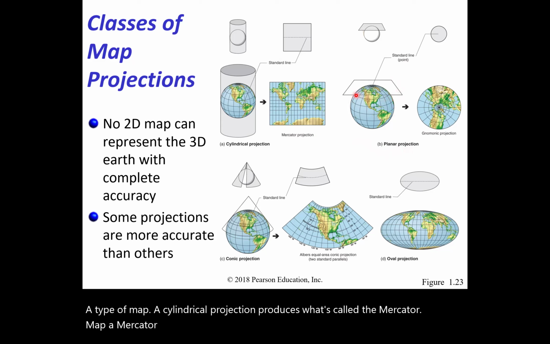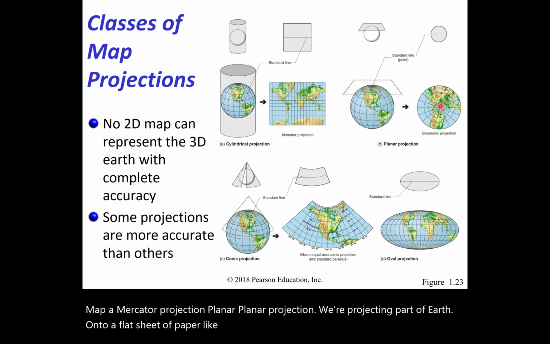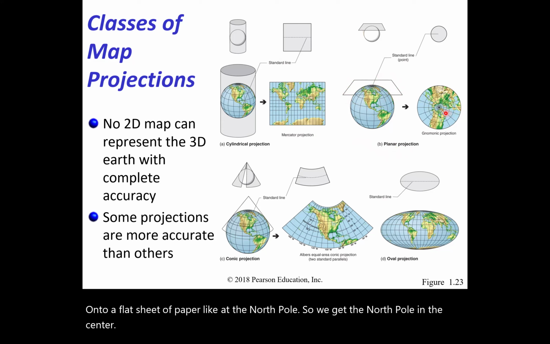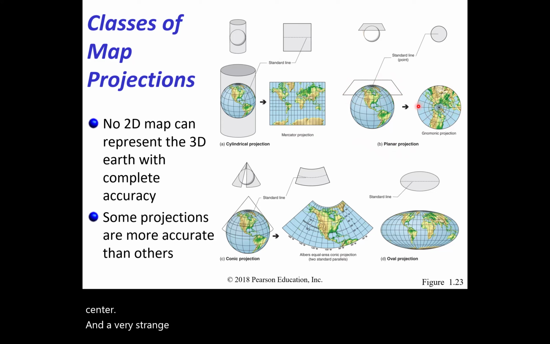Planar projection. We're projecting part of Earth onto a flat sheet of paper, like at the North Pole. So we get the North Pole in the center and a very strange kind of distortion along the outer edge of this projection.